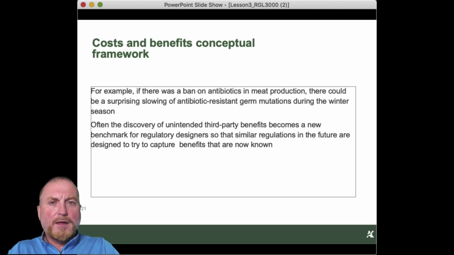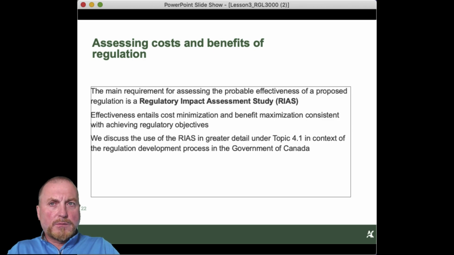In just the same way, it can be surprising sometimes when an industry gets regulated and all of a sudden they become a leading industry on new technologies for water protection or air protection or whatever the case may be, or they've discovered a new technology for cleaning contaminated soil, and all of a sudden they sell those intellectual patents to another company, or they market that product themselves, etc. And that can become quite a surprise.